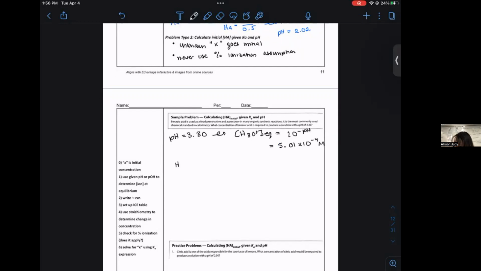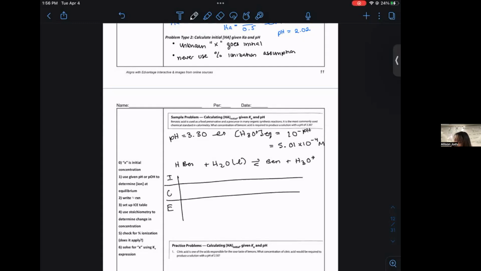So then we're going to do H-benzoic, or HBen, and we're going to write out the hydrolysis equation, and then we're going to see that Ben is deprotonated and H3O plus is created. So we set up our ice table. And of course, the water does not matter. And we say to ourselves, well, I don't know what this is. The initial benzoic acid is protonated, and I don't really know.